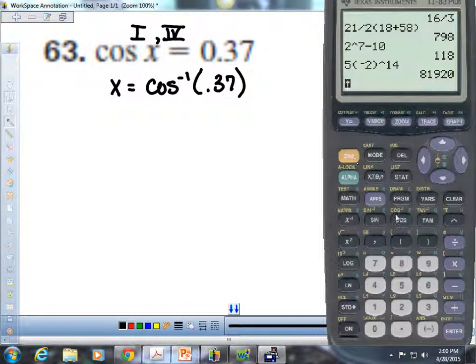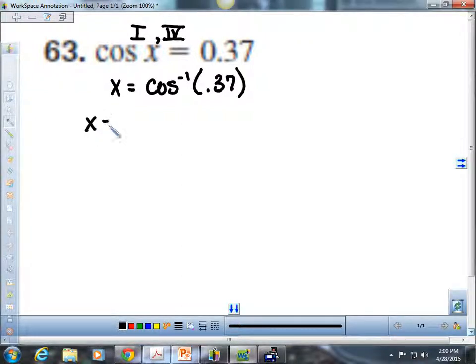So I take inverse cosine of 0.37, and in radians I get x equals roughly 1.19. You guys got what? Let's go to the nearest tenth, please. 68.3.